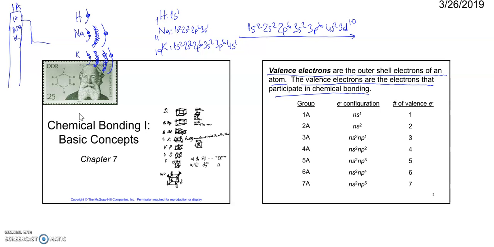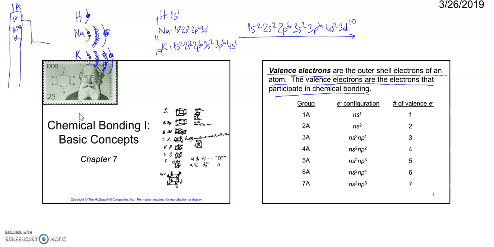So what they have in common is that hydrogen has one valence electron, the outermost shell electron. There is only one electron on the outermost shell. For sodium, I have 2 on the first shell, 8 on the second shell, but only 1 on the third shell, right here. So sodium also has 1. Potassium also has 1.